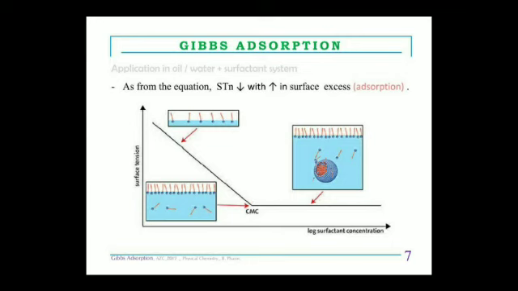Beyond this concentration, surface active agents aggregate to form micelles and stay in the bulk of the solution. The pattern indicates an inflection point corresponding to the critical micelle concentration. To study this phenomenon, plot a graph with log surfactant concentration taken on the x-axis and surface tension taken on the y-axis.